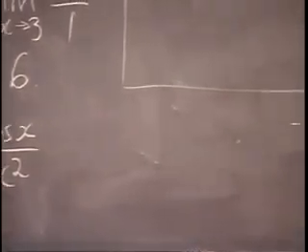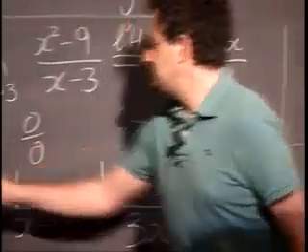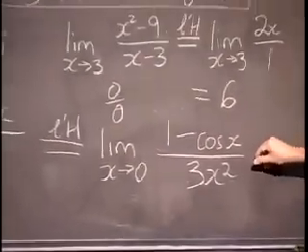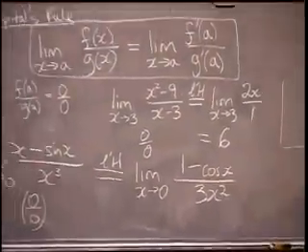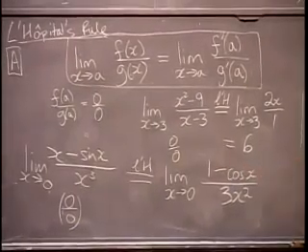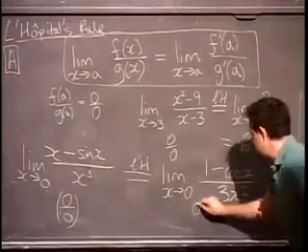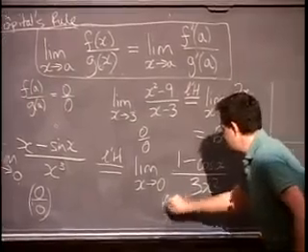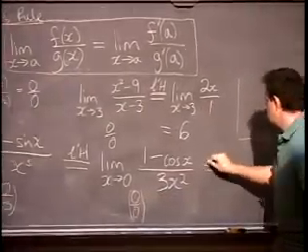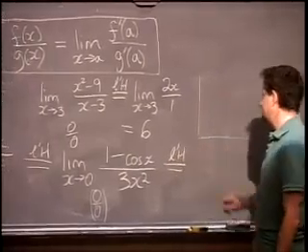Okay, so this limit equals this limit. We still have to solve this new limit, of course. Now, if I plug in 0 once again, I get 1 minus cosine of 0, which is 0, and the denominator is 0 again. So once again, I can use L'Hopital's rule. I'm going to use it twice in this problem.